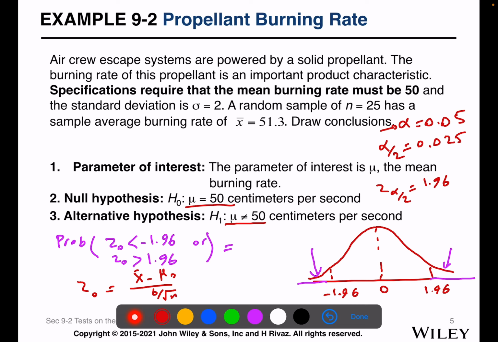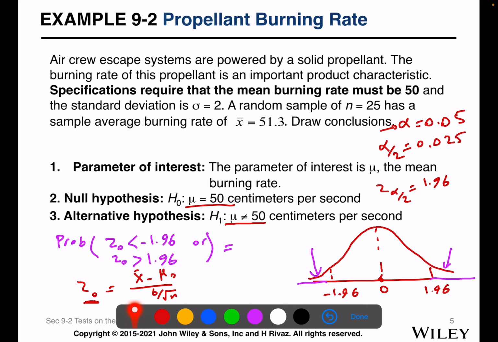Ideally you want Z0s that are close to 0. If Z0 is close to 0, it means that your x bar was actually close to mu0, and that's a good thing. They corresponded to each other. But if your Z0 is large, meaning that it's either a very large negative number or a very large positive number, that means that your mu was probably not mu0. Your mu was something else, right?